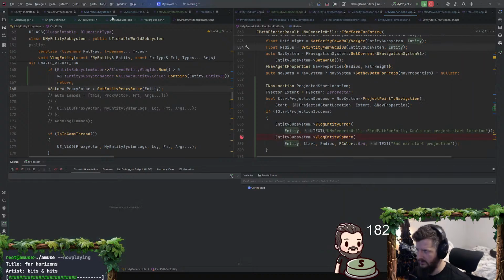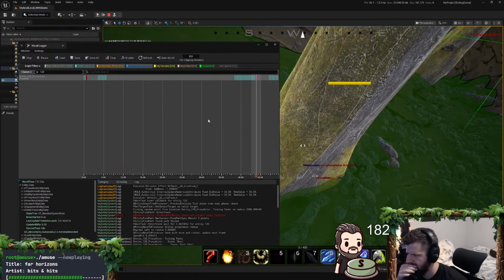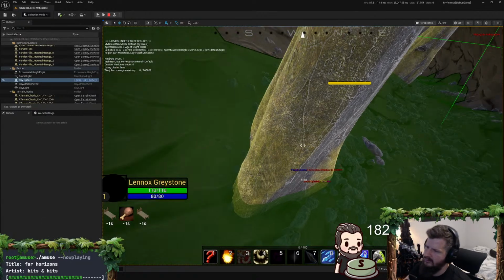Yeah, entity 120 is having a rough time here. I think really the fix for this would just be to make sure that these actually properly don't project start location.